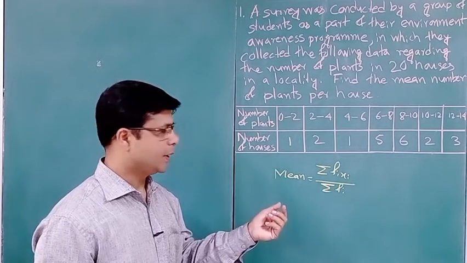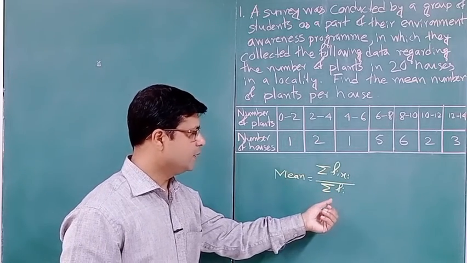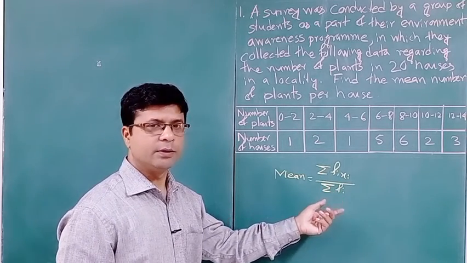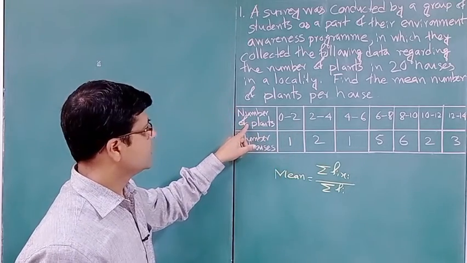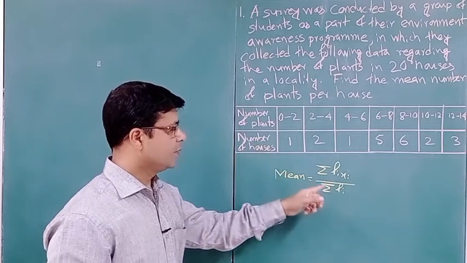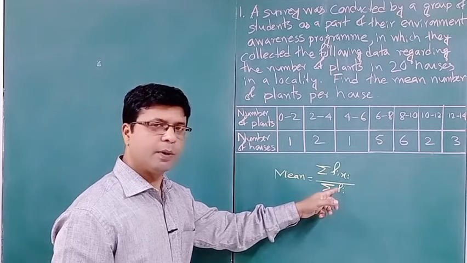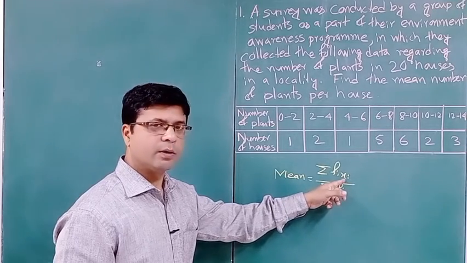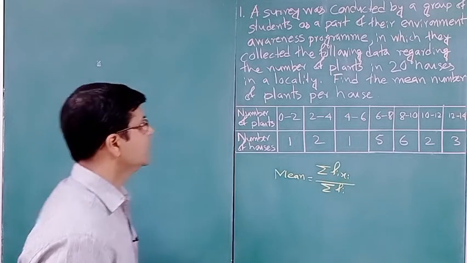This formula we have written to know how many columns are required. Two columns are always fixed: one for the class interval and one for the frequency. Then one column for xi, and one more column for fi into xi. So let us write it down.